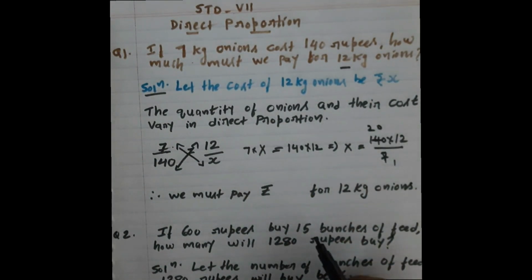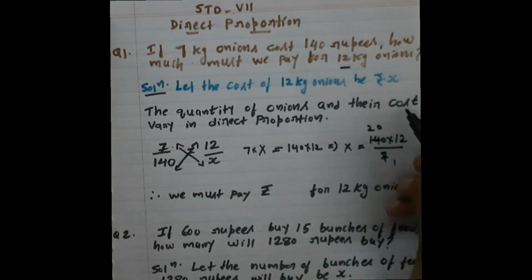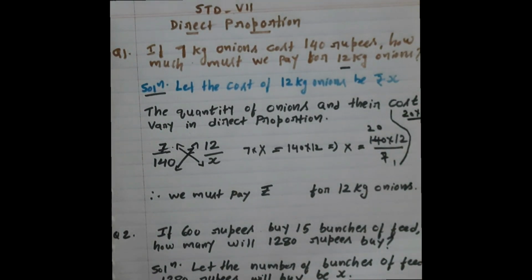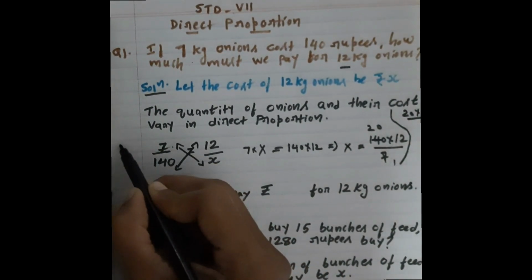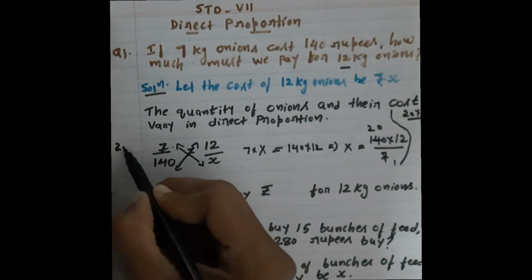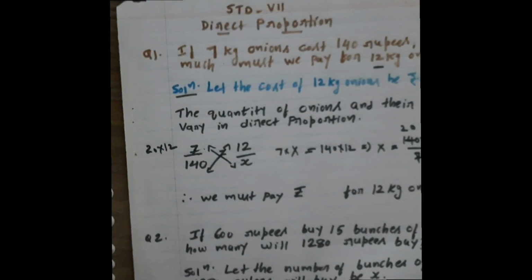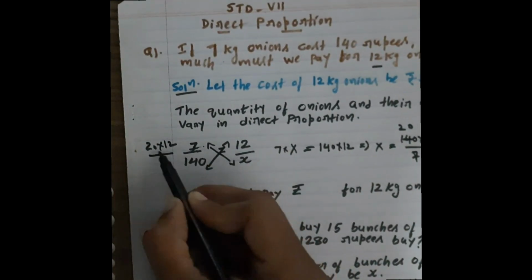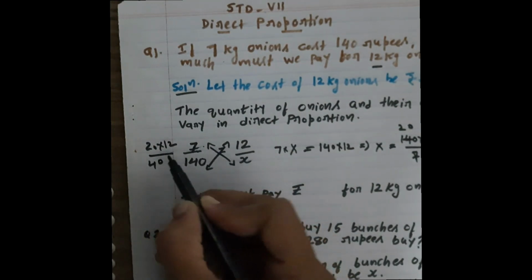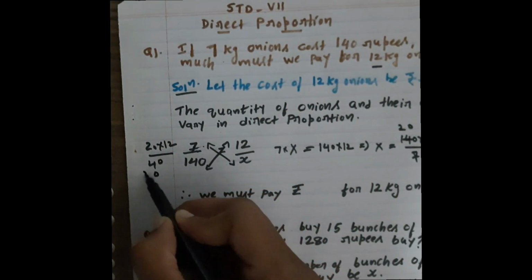So 20 into 12 we have to multiply. We will multiply here only. 20 into 12. It is visible, no? 2 zeros are 0, 2 twos are 4, 1 zero is 0, 1 two is 2.